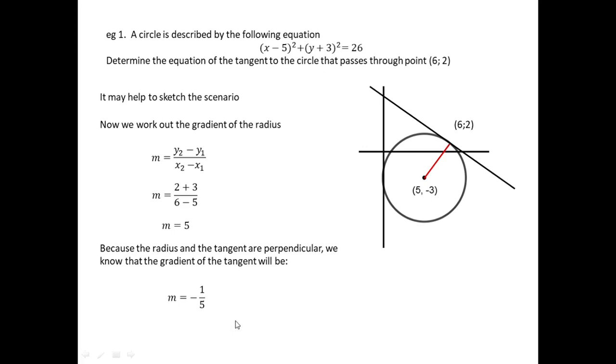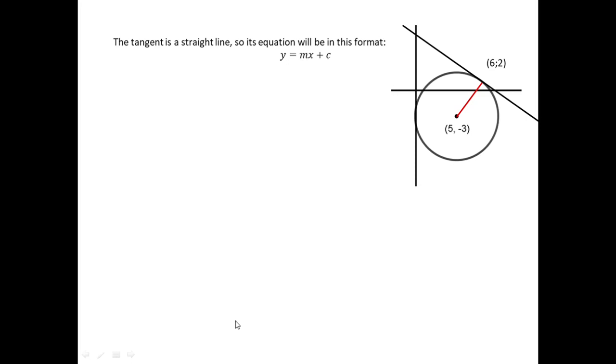There we go. So now we know what the gradient of the tangent is, and we know that the tangent is a straight line, so its equation is going to be in this format, y equals mx plus c. We have just worked out what the m is. It's -1/5. So all we need to do to finish up is to work out what c is.